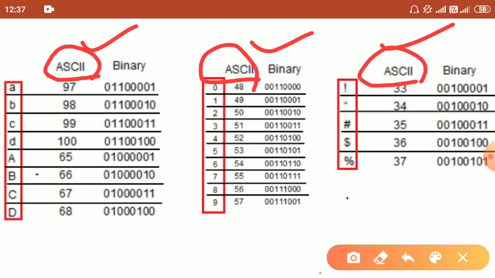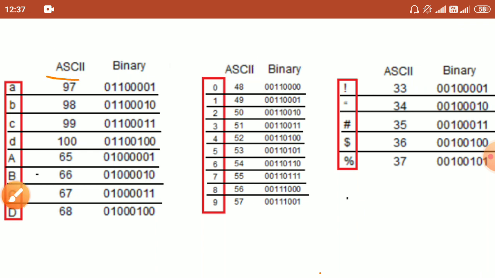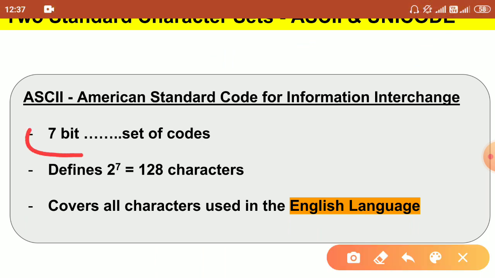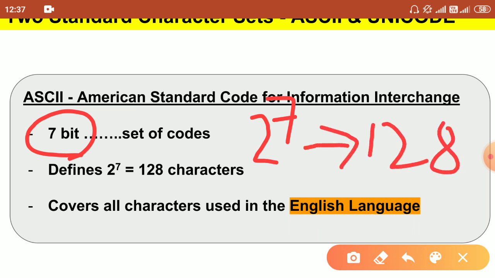So ASCII uses 7 bits to represent the characters in the binary form. So 7 bits means what? 7 bits means 2 to the power of 7, and 2 to the power of 7 means 128.